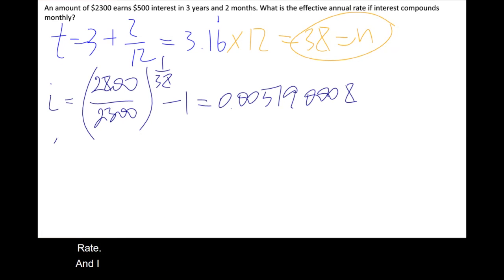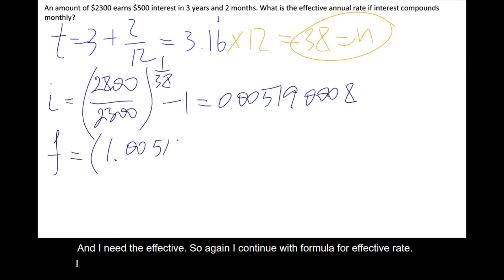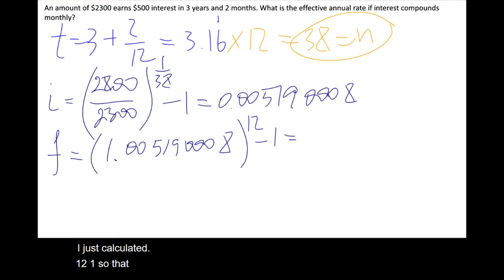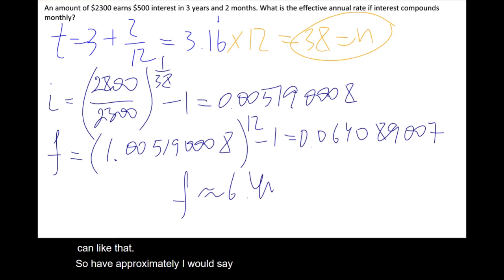And I need the effective rate, so again I continue with the formula for the effective rate. I just calculated i, exponent 12, minus 1, so let's see. 0.064, okay, like that. So F is approximately 6.4089%.